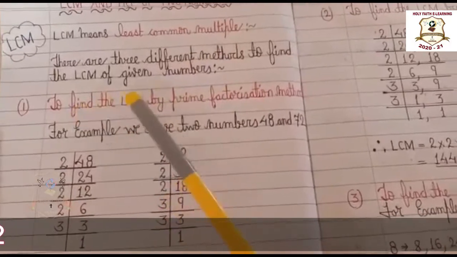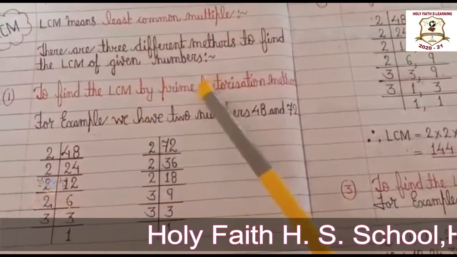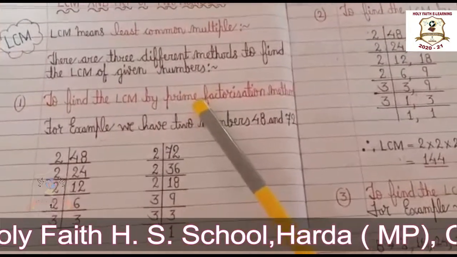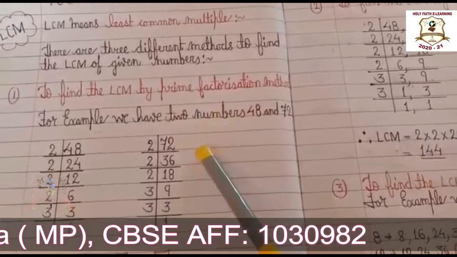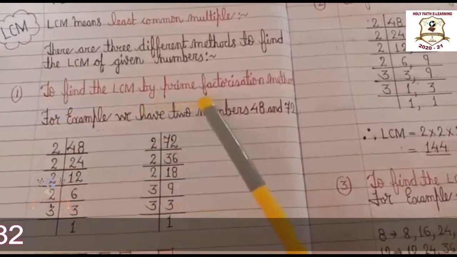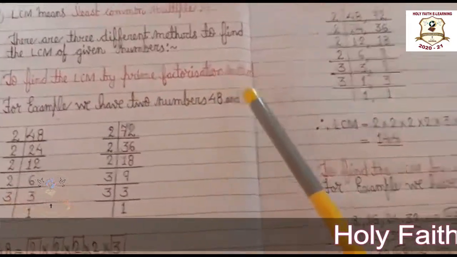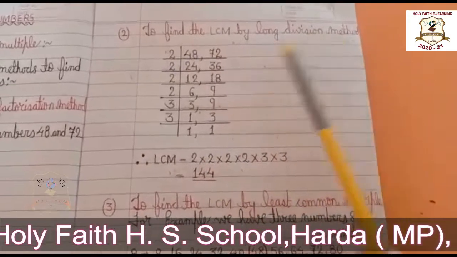There are three different methods to find the LCM of the given numbers. Our first method is to find the LCM by prime factorization method. Our second method is to find the LCM by long division method.